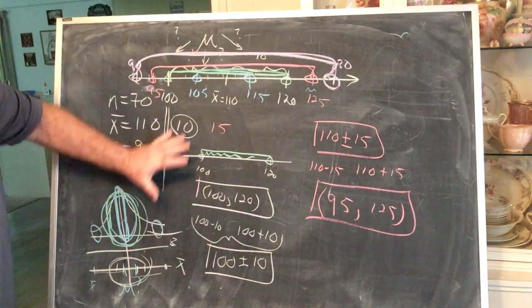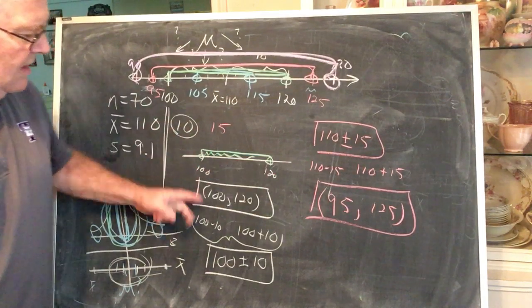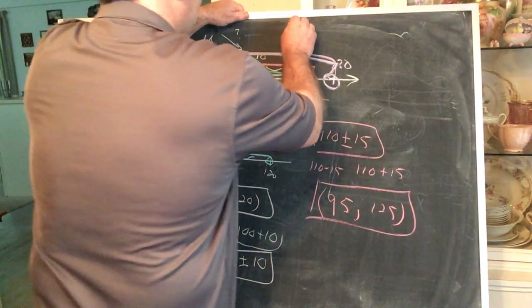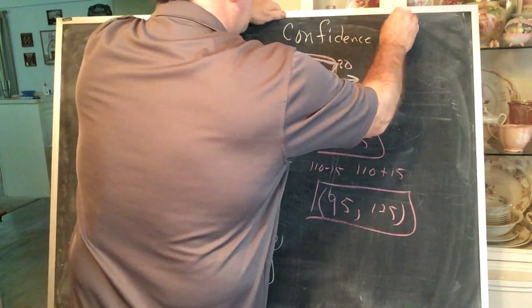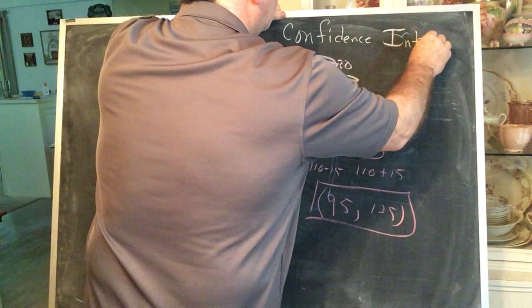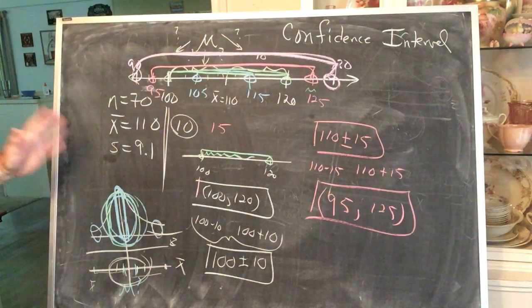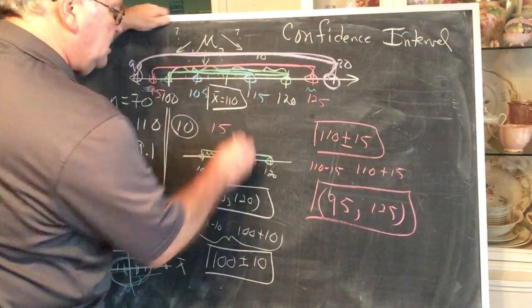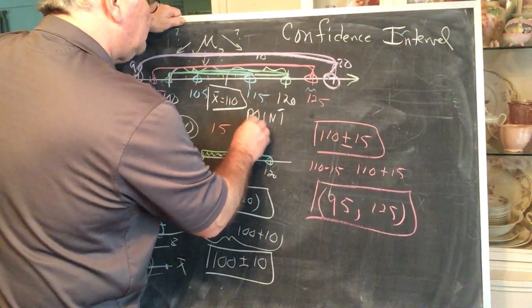Each of these, we call an interval. Here's the interval. This and this are interchangeable. This and this are interchangeable. Each of these is called a confidence interval. All right? A confidence interval. This is the terminology. X bar is called the point estimate.